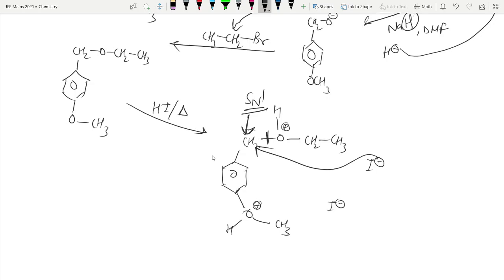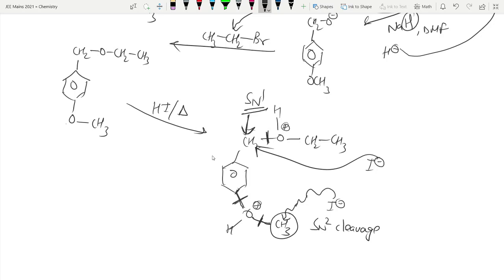But from this side you can't break this bond, because you will get a phenyl carbocation. From this side you can't break the bond, because you will get a methyl carbocation. So eventually the I minus will attack the less sterically hindered group. Here C will attack, and this will be SN2 cleavage.